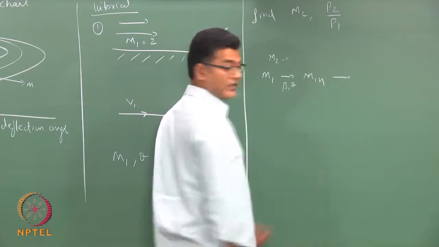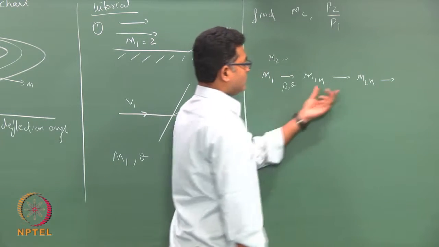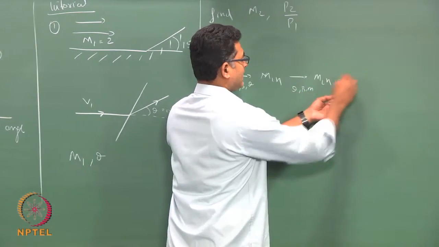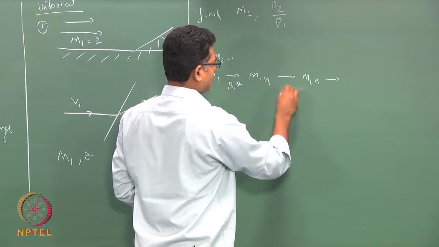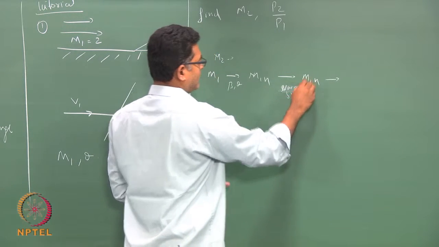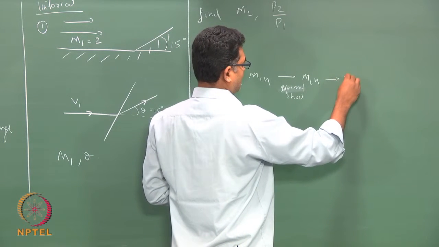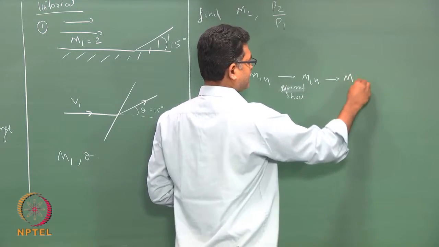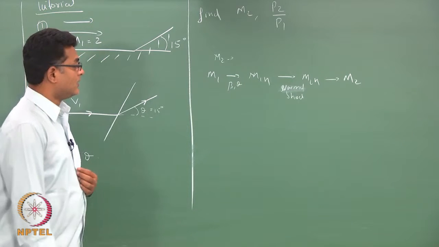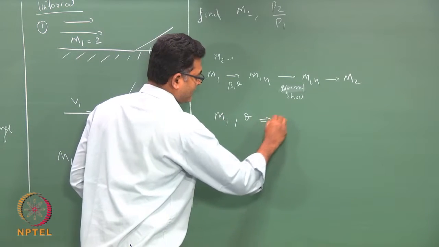If I know my M1n, I can find M2n from the normal shock relations. From this I can go back to my M2, and if I know my M2, I can find these ratios. Now, given M1 and theta, what is my beta?